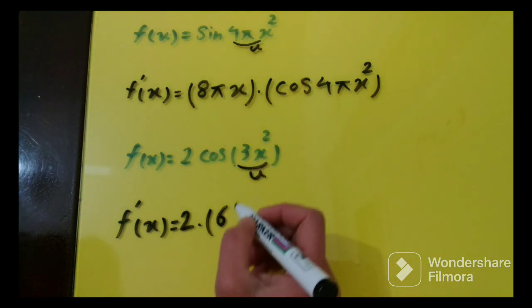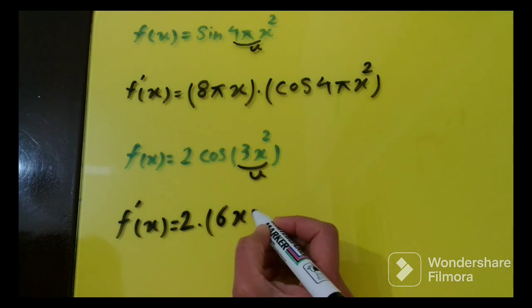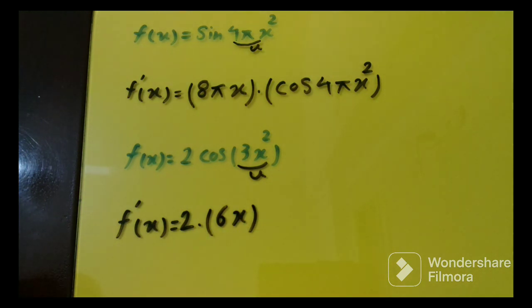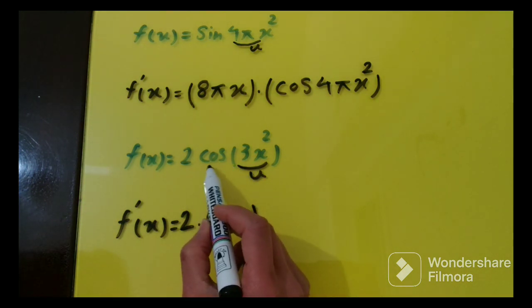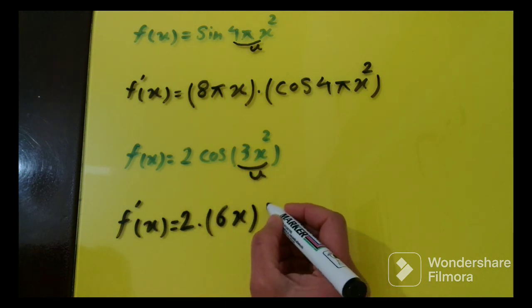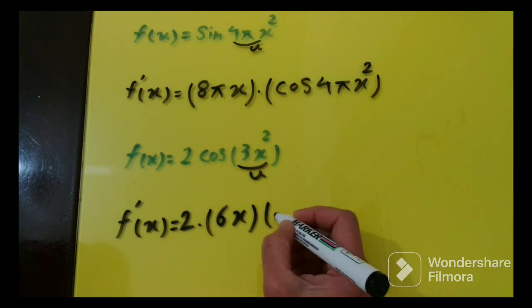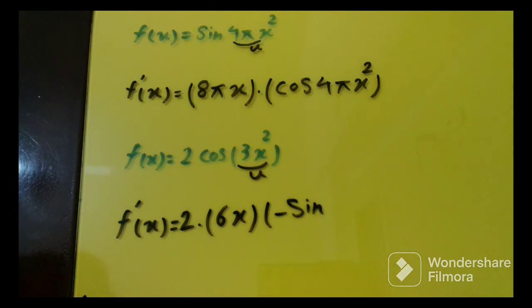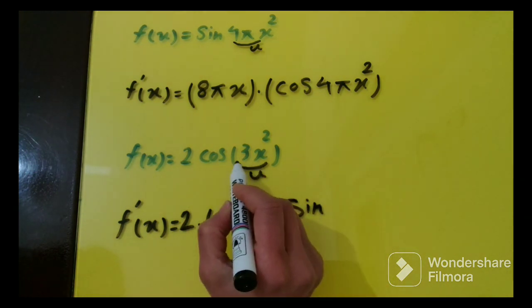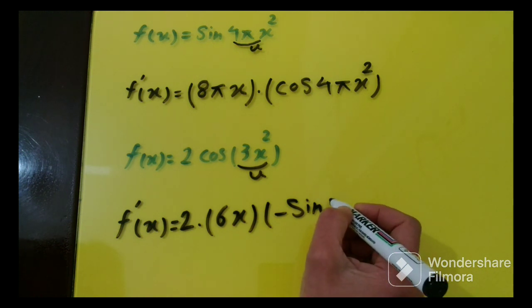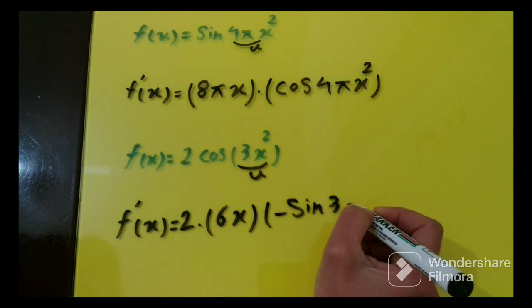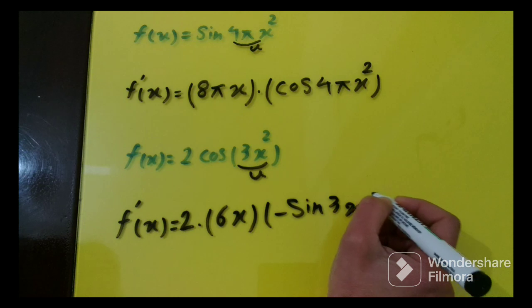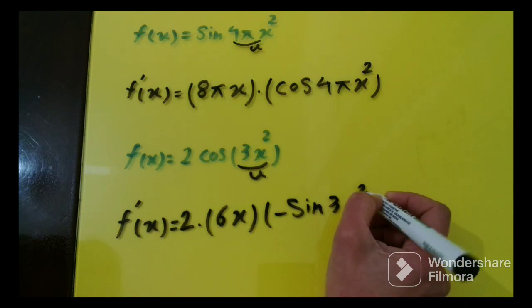Now reduce the power by 1. It's x. The derivative of cosine is negative sine. Repeat u. 3x squared.